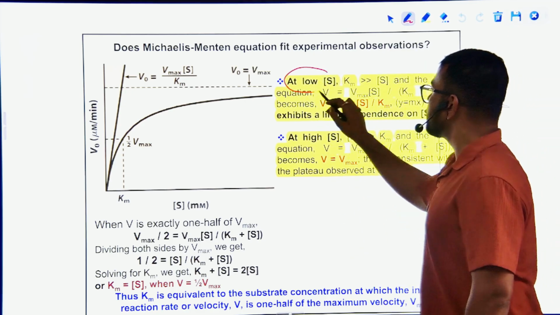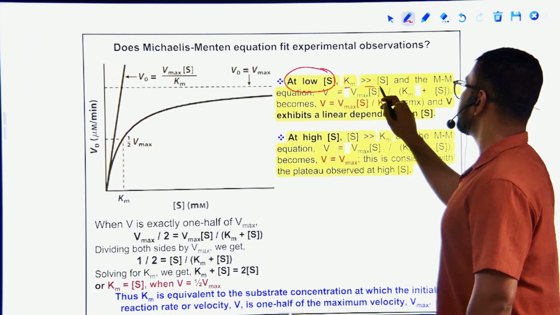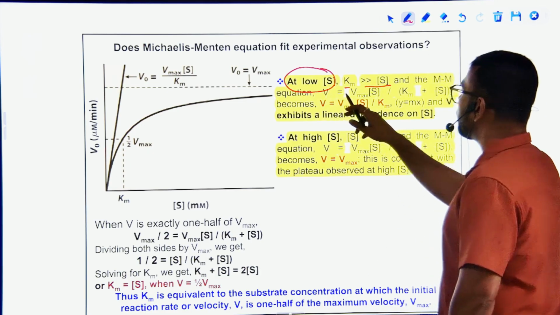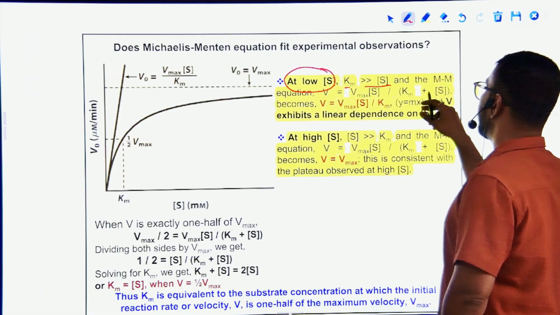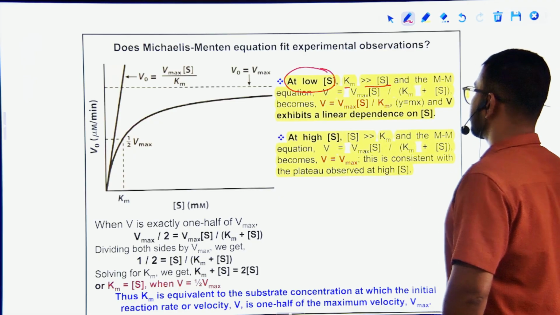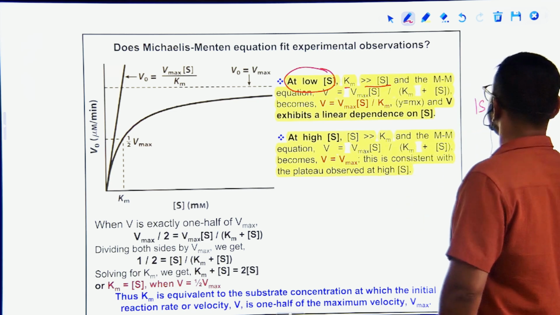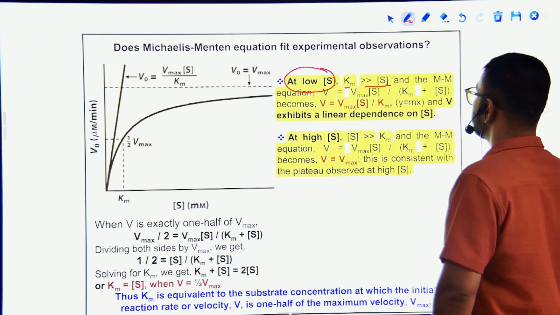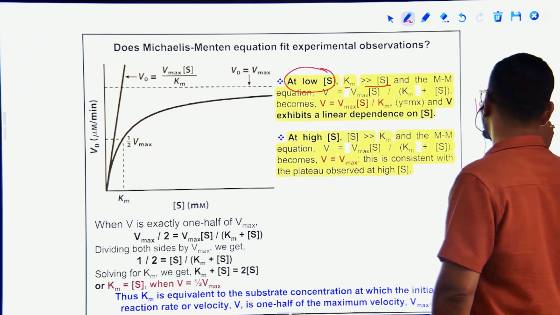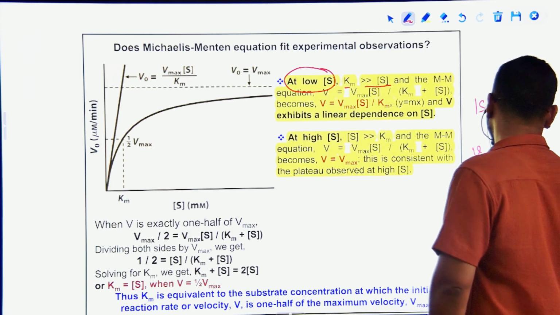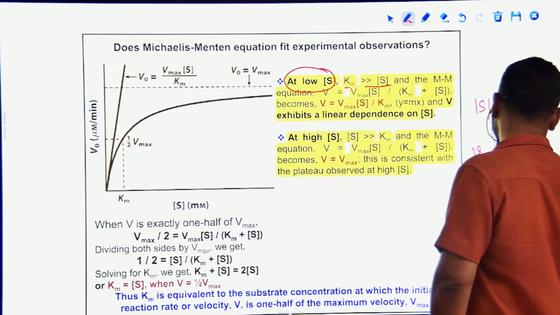At low substrate concentration, Km is much greater than S, and the Michaelis-Menten equation V naught equals Vmax into S by Km plus S. When substrate concentration, mind it, is much lower than Km, then V naught equals Vmax into S divided by S plus Km.